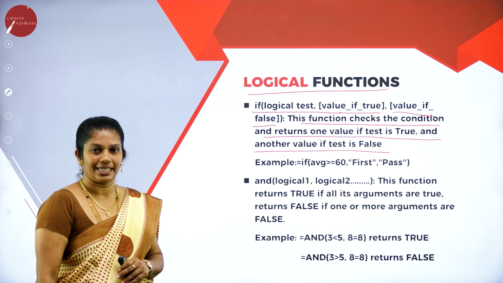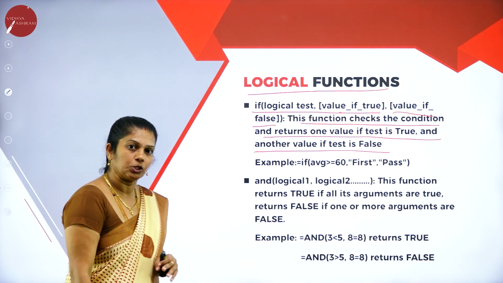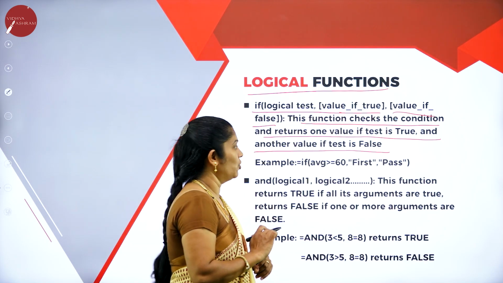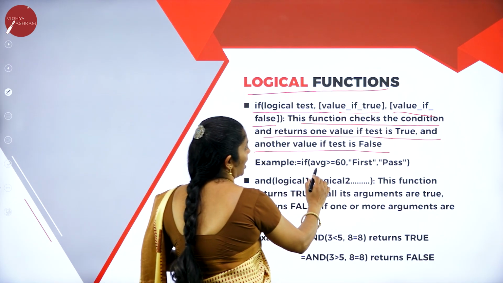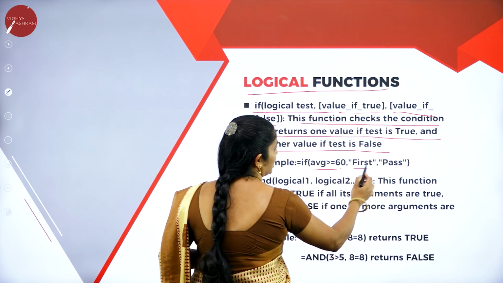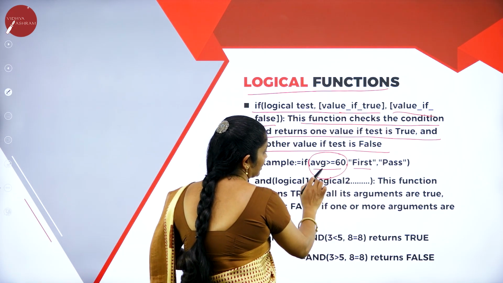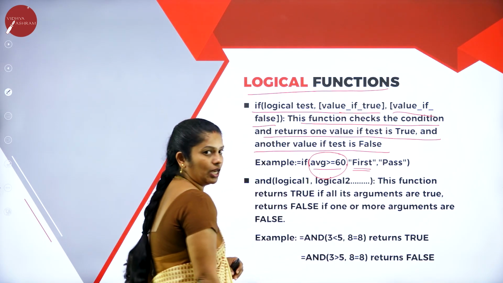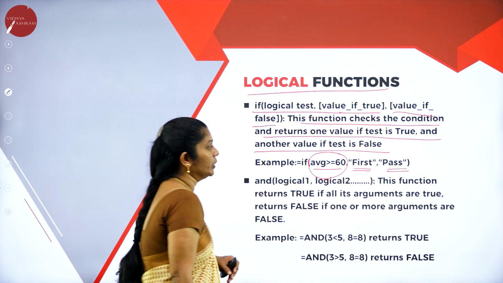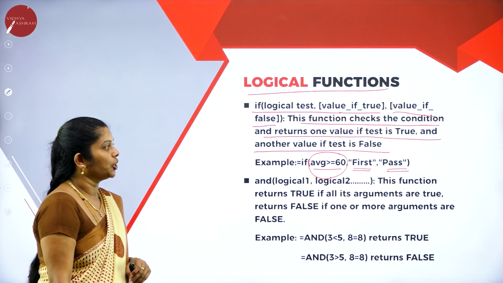If the condition is satisfied, it will display the true value. If the condition is not satisfied, it will display the false value. For example, if average is greater than or equal to 60, then it will display first. This is the condition. If this condition is satisfied, then the second value will execute. If the condition is not satisfied, then the last value will execute.